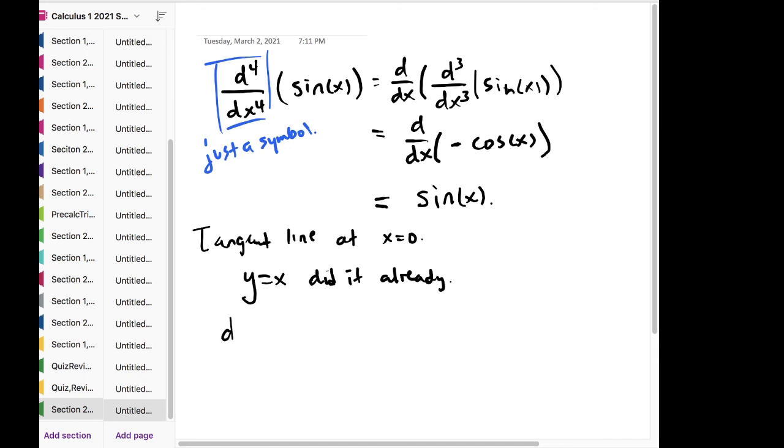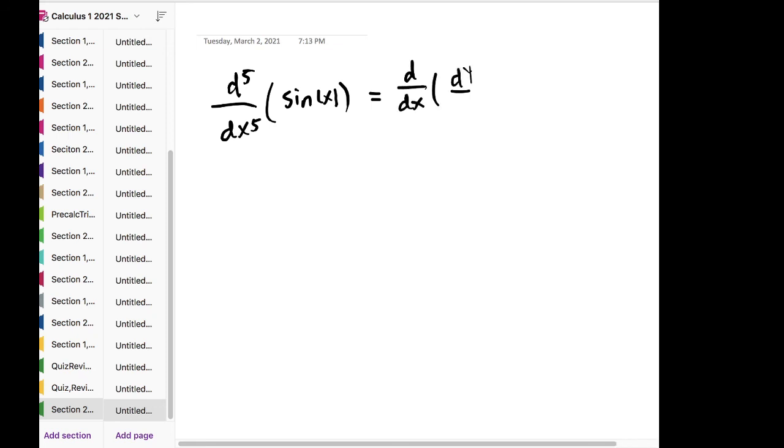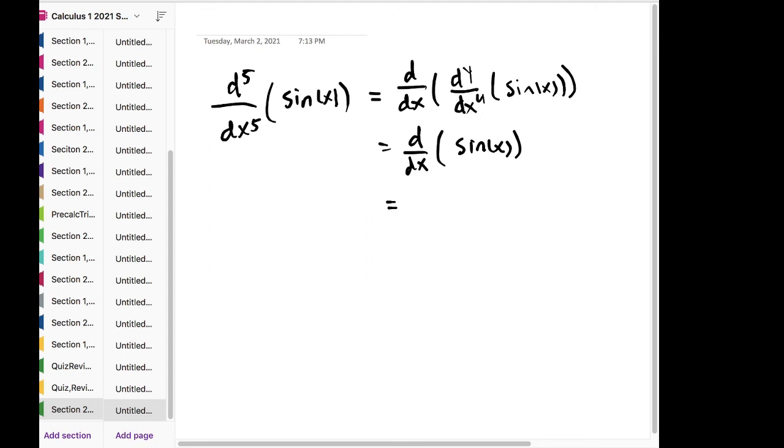What do you think the fifth derivative of sine is? What was the fourth derivative of sine? It was sine. So what's the fifth derivative? Cosine.